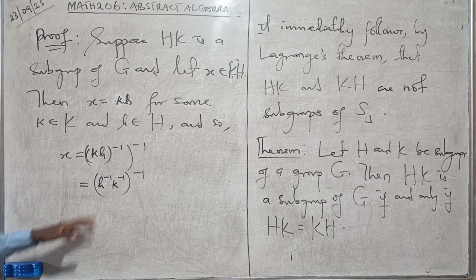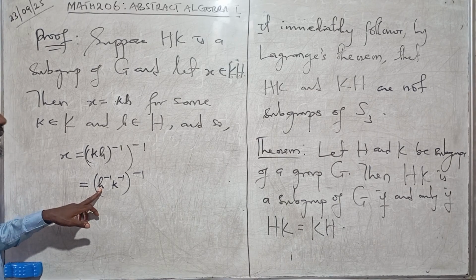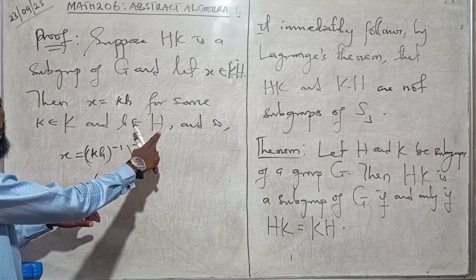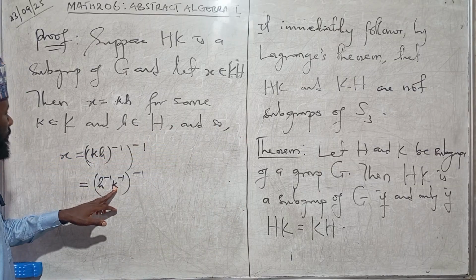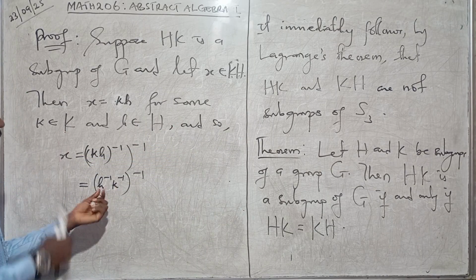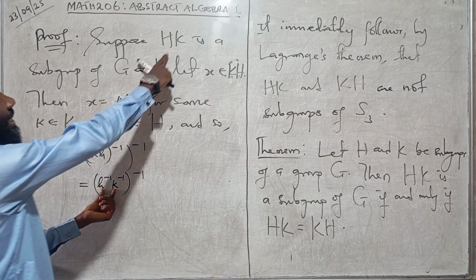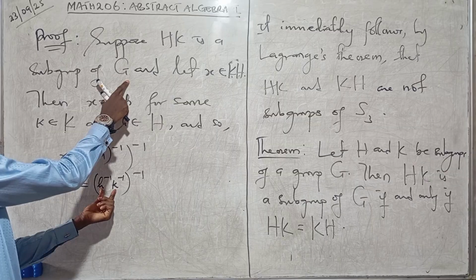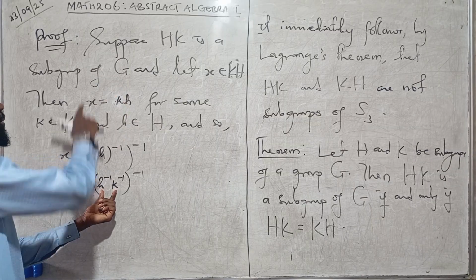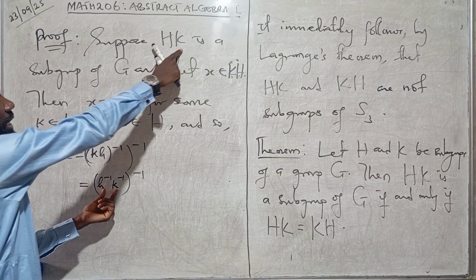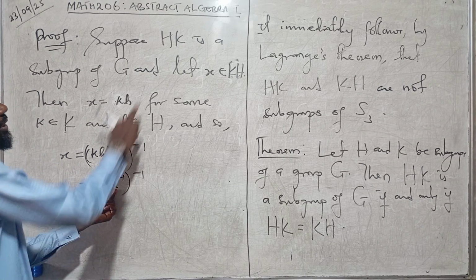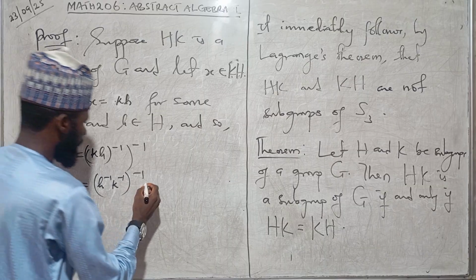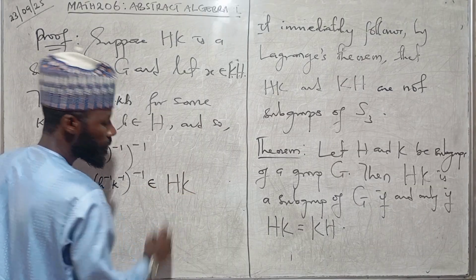Yeah. H inverse is an element in H because H was a subgroup already, and K inverse is also an element in K. So this product will be in HK. But we already assume HK is a subgroup of G, and so the inverse of every element in here, such as H inverse K inverse, is still inside HK. So this is an element in HK.